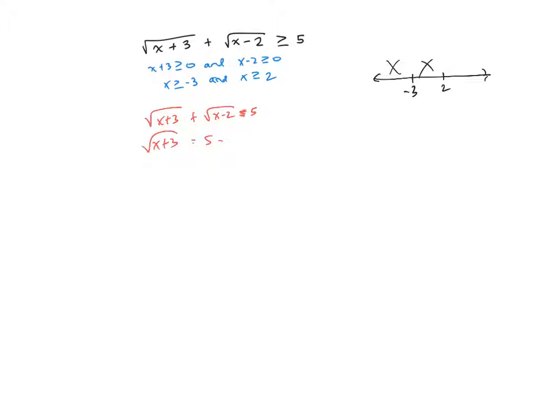I'm going to square both sides, but when I square that right-hand side, there's a subtraction in there, so I'm going to have to FOIL that out, or use the pattern of a perfect square trinomial. So I'm going to combine like terms. I'm going to isolate the remaining radical.